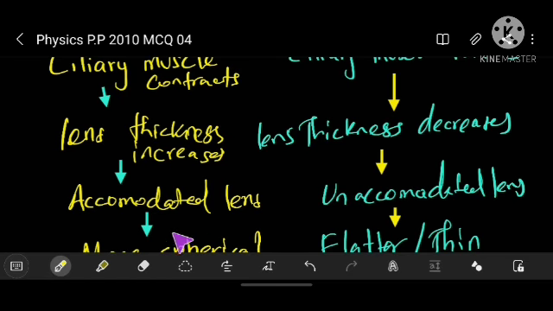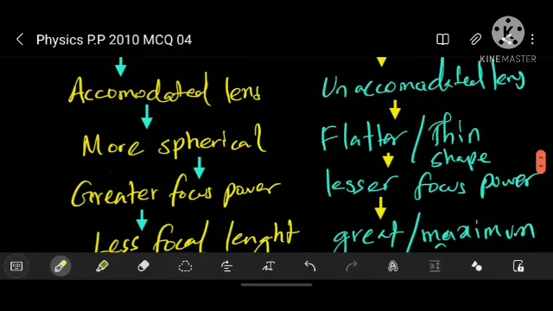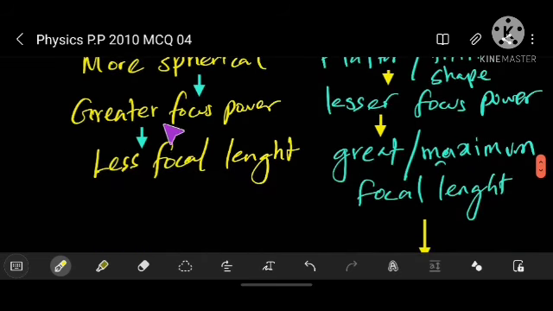That's what we call the accommodated lens, so it'll be more spherical. More spherical means greater focus power. So greater focus power means less focal length.